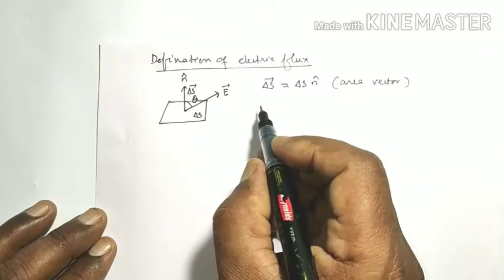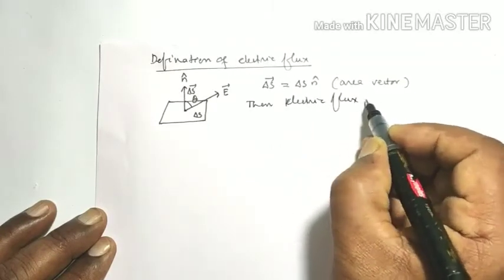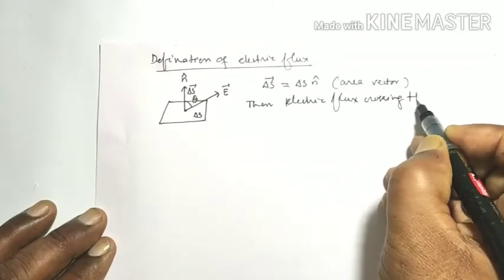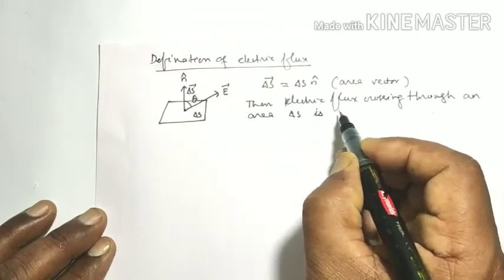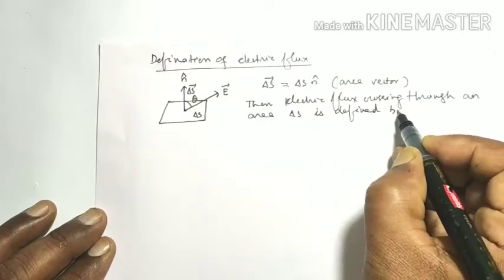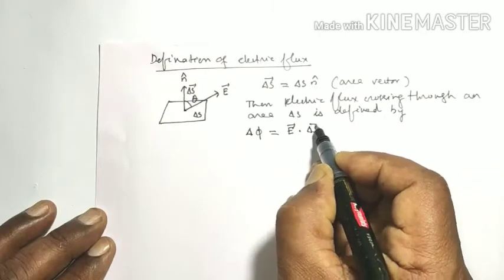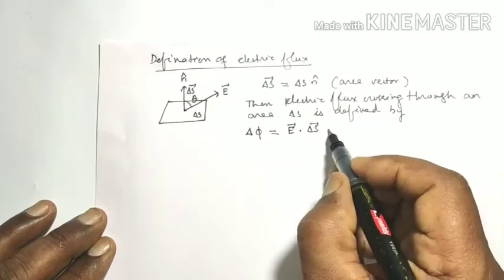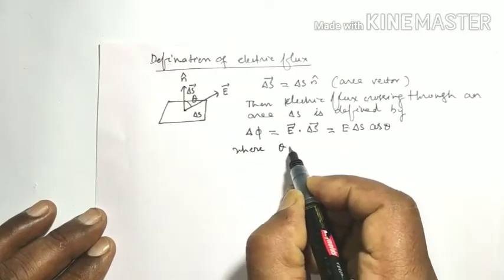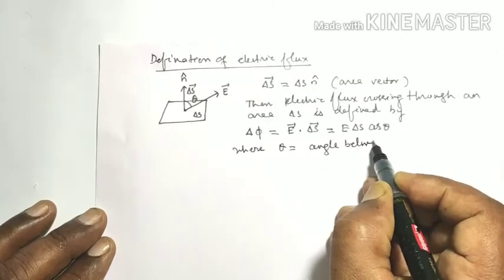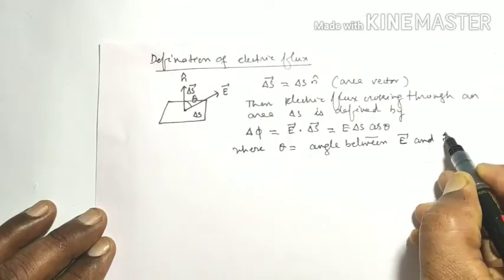Then the electric flux through an area delta S is defined by delta phi is equal to E dot delta S, which is E delta S cos theta, where theta is the angle between E vector and n cap.